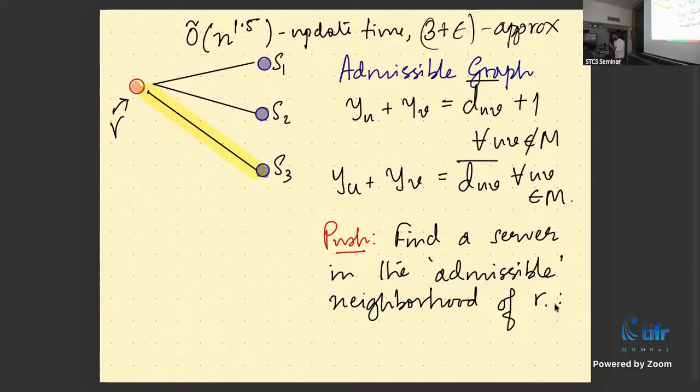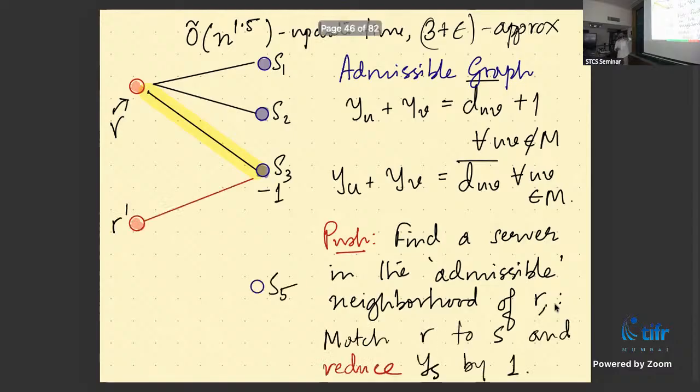Let's just wait for two more slides, and that will answer your question. You're right, because now the dual is 0, so there is no reason that this should be admissible. So I have to raise my dual or something. But what I'm saying is, inherently, you look at that admissible subgraph. Okay, good. But I have assigned it to S3.